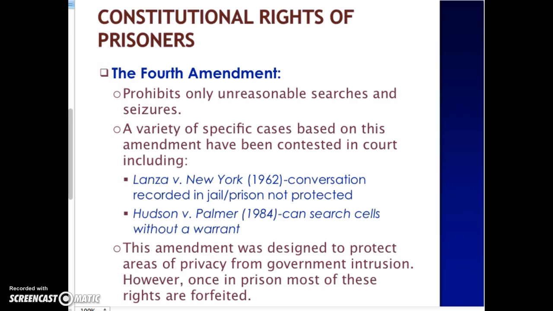Next is the Fourth Amendment, and again, the Fourth Amendment basically prohibits unreasonable searches and seizures. There are a couple of key cases here that I think will help you in trying to determine whether or not the Fourth Amendment applies. One is Hudson v. Palmer in 1984.